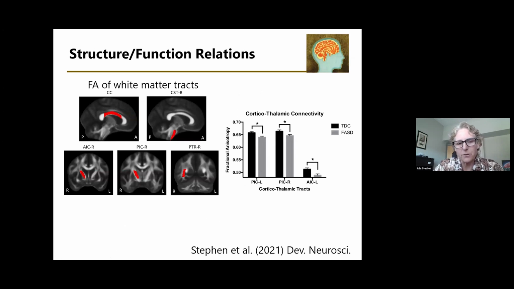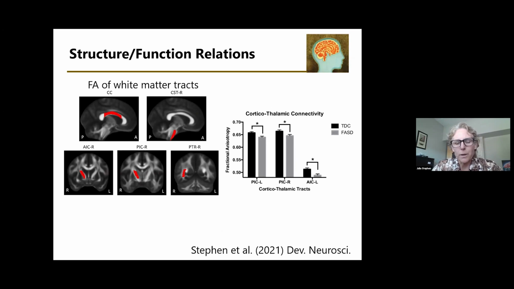Alpha oscillations, going back to one of the physiological frequency bands, are associated with attention. We know that kids with FASD have attention problems. And we also know from preclinical literature that alpha oscillations are generated from thalamus.